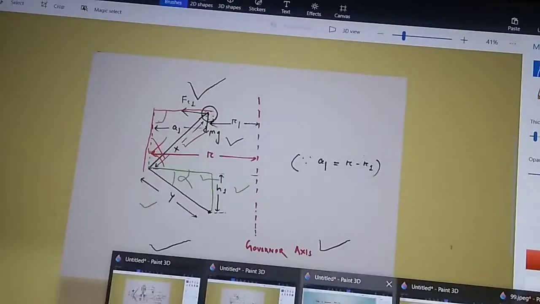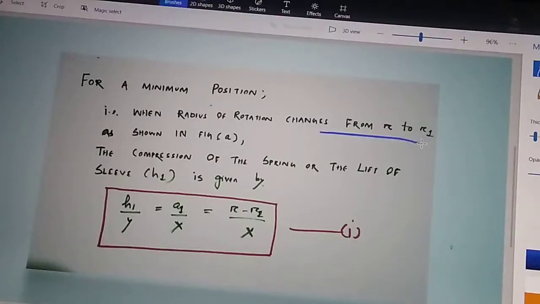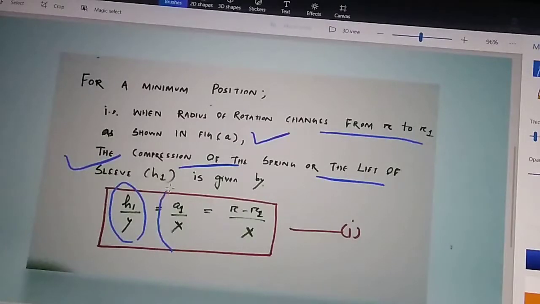So just write down that for a minimum position, when the radius of rotation changes from r to r1, then as shown in the figure previously, the compression of the spring or the lift of the sleeve will be given as follows: h1 divided by y is equal to a1 divided by x.